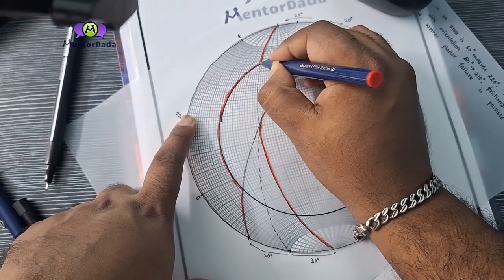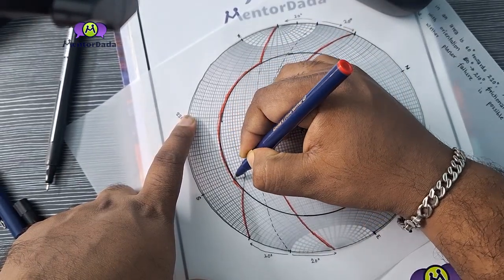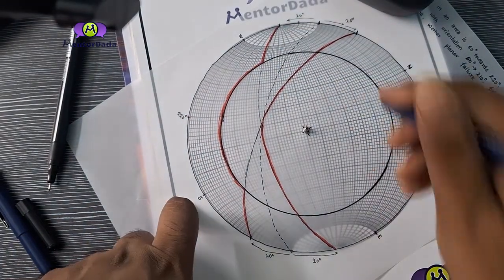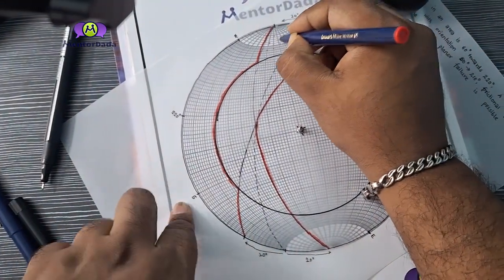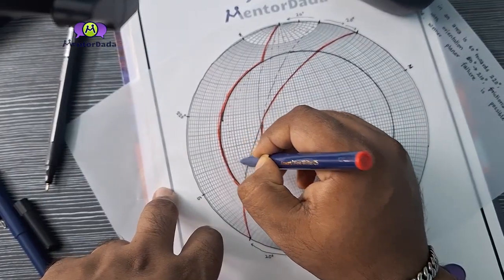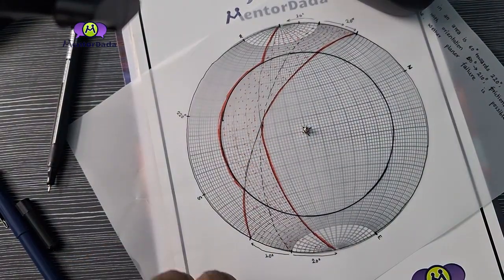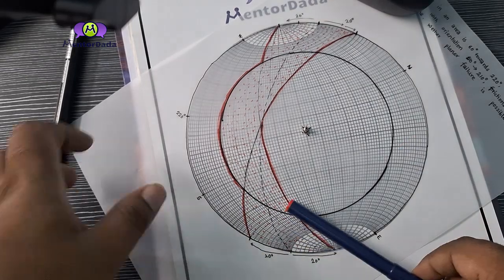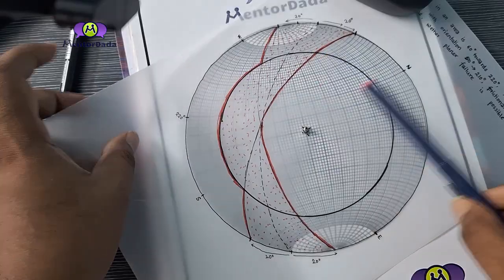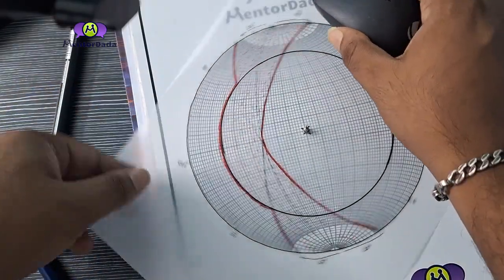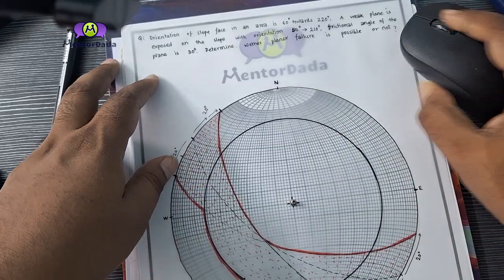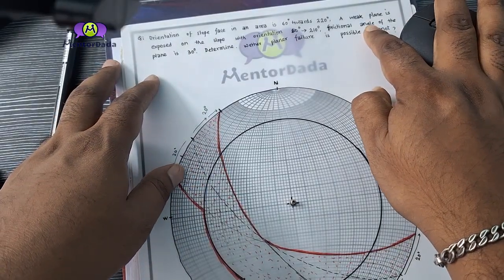So the area inside these red lines is all unstable part. Okay, so this part is very much unstable. All these areas are unstable.